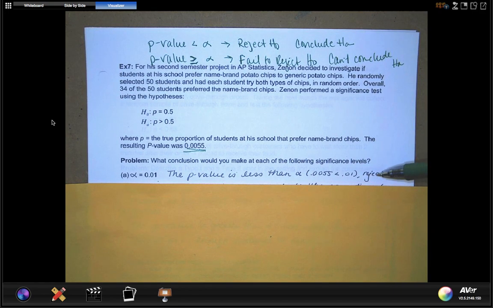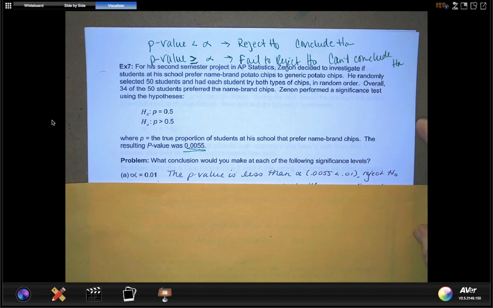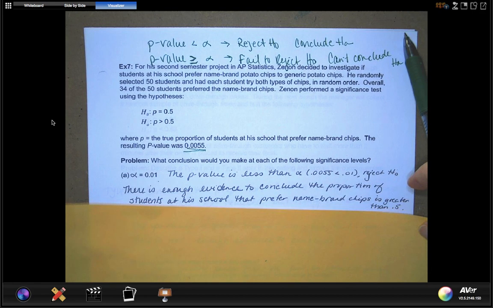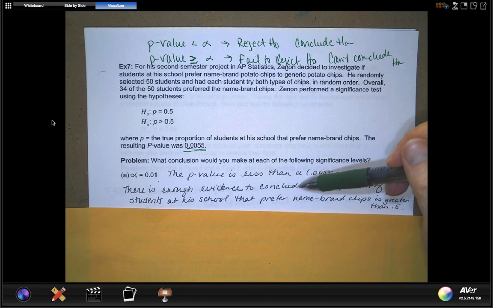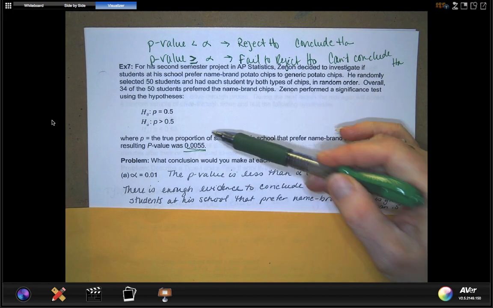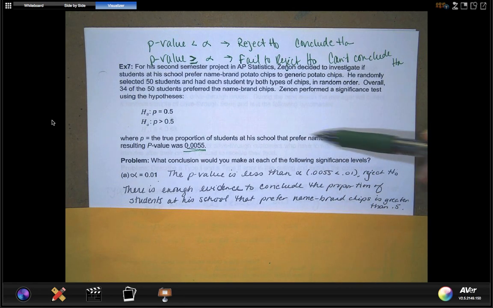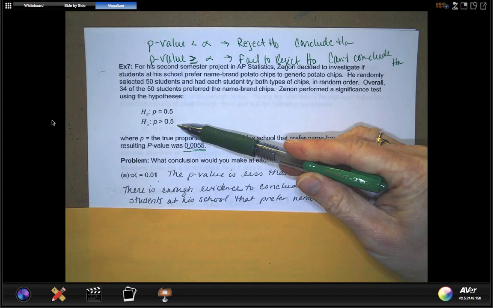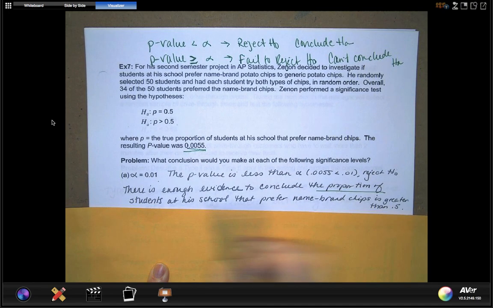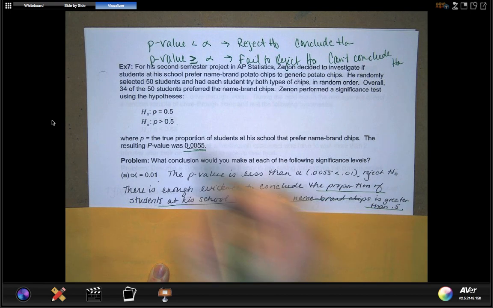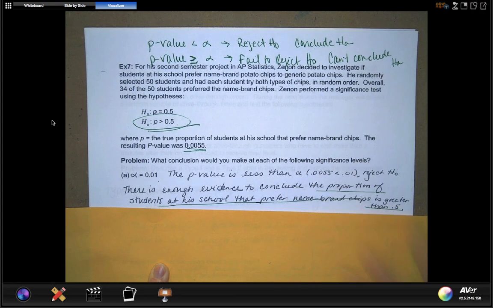If it's less, I'm rejecting H0, and then I can say there is enough evidence, and I'm putting this in context: there is enough evidence to conclude that p, the proportion of students at his school that prefer name brand chips, is greater than 0.5. This is all what that HA is saying, so I can conclude HA.